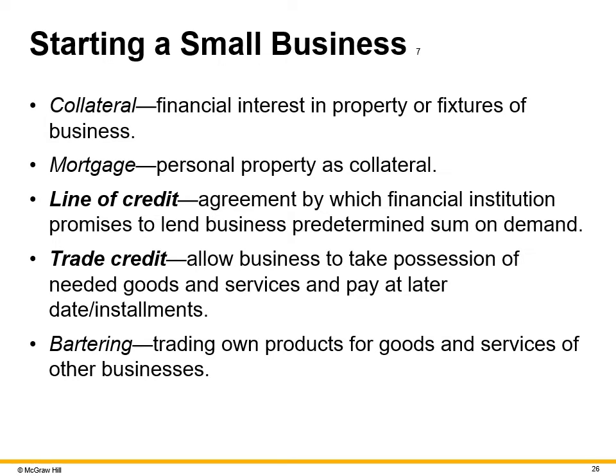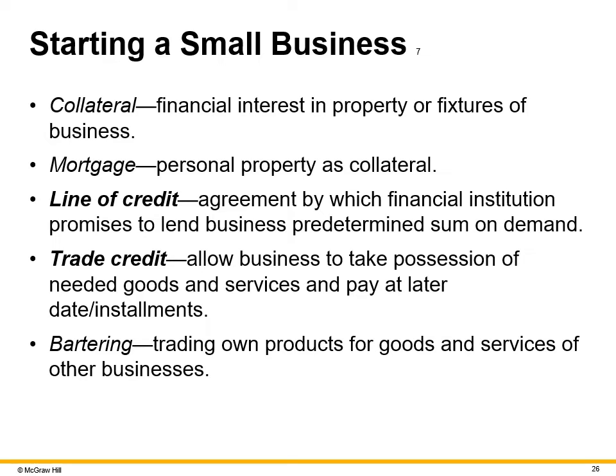Financial institutions can also grant a small business a line of credit, which is an agreement by which the financial institution promises to lend a business a predetermined sum on demand. Small businesses may also obtain funding from the suppliers in the form of trade credit.